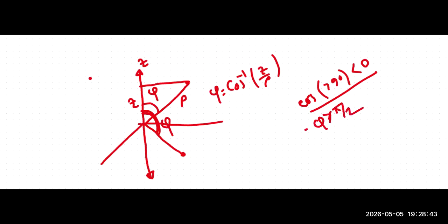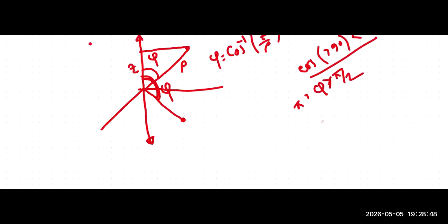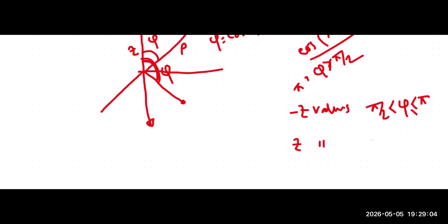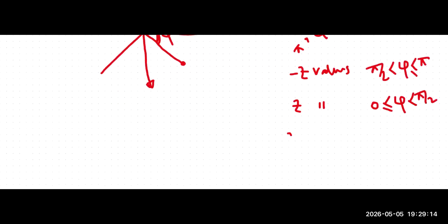So for the negative z values, the range of phi is pi by 2 to pi. And for the positive values of z, the range of phi is 0 less than or equal to phi less than pi by 2. And for z equal to 0, our phi quantity is pi by 2. That means we are on the xy plane.